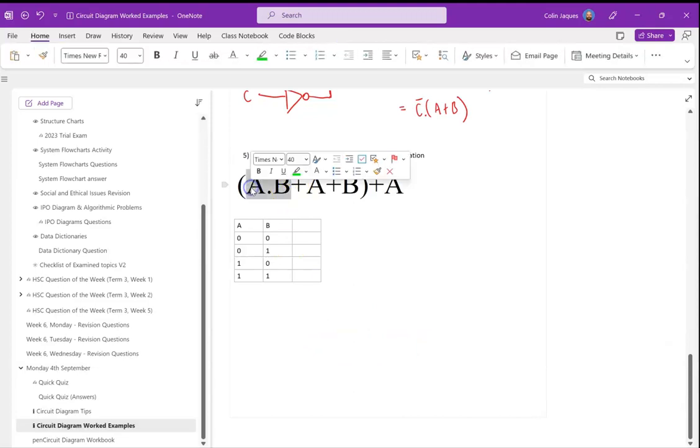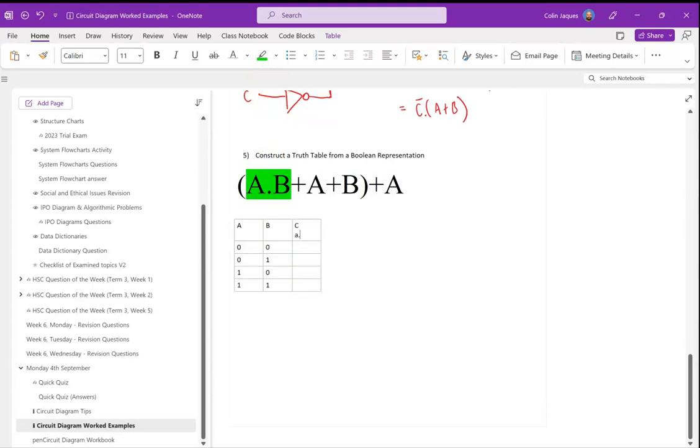Then you've got to deal with what I call left to right, right to left, and I'll explain what that means. So the first one we've got to deal with is this one. I'm going to call this input C, but below it, I'm just going to put what it is. And that is A and B. So we know that this shouldn't be too difficult to work out because it's going to be an AND gate. The next thing we've got to figure out is you might be going, well, do I do this one or this one?